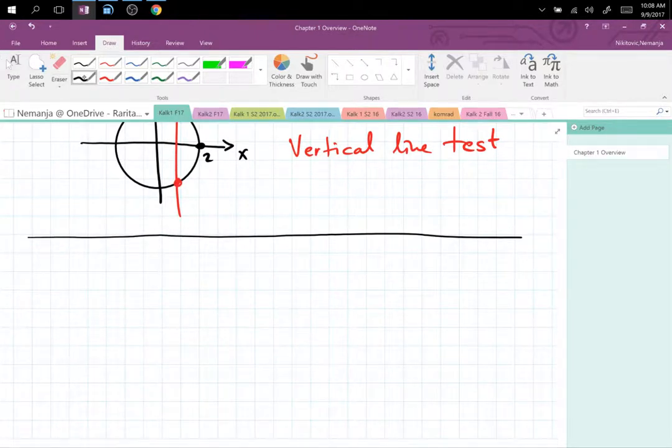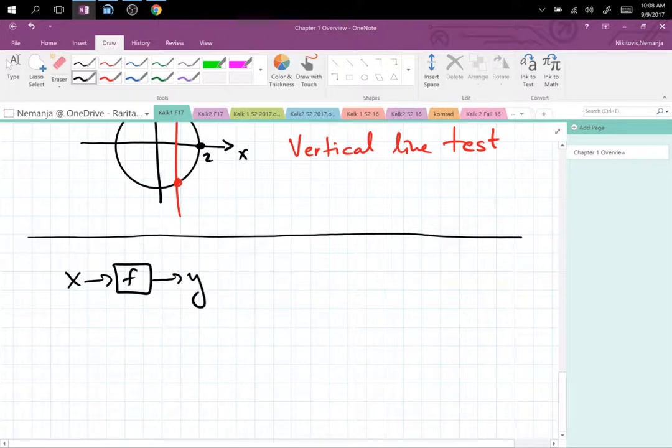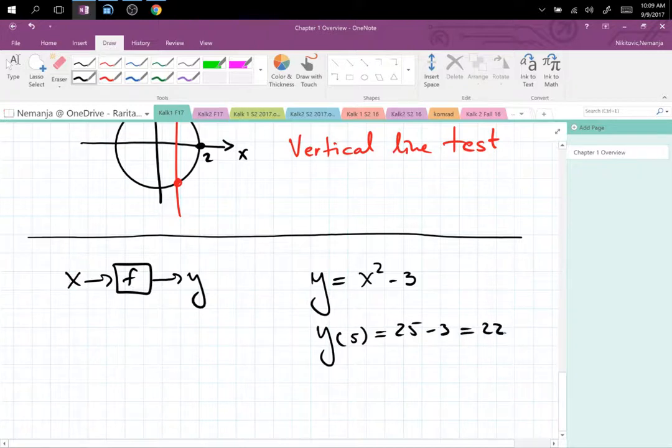We understand that functions compute values. As I said, x comes in, the function changes it, y comes out. y equals x squared minus 3. y of 5 is 25 minus 3, which is 22. Number comes in, number comes out.